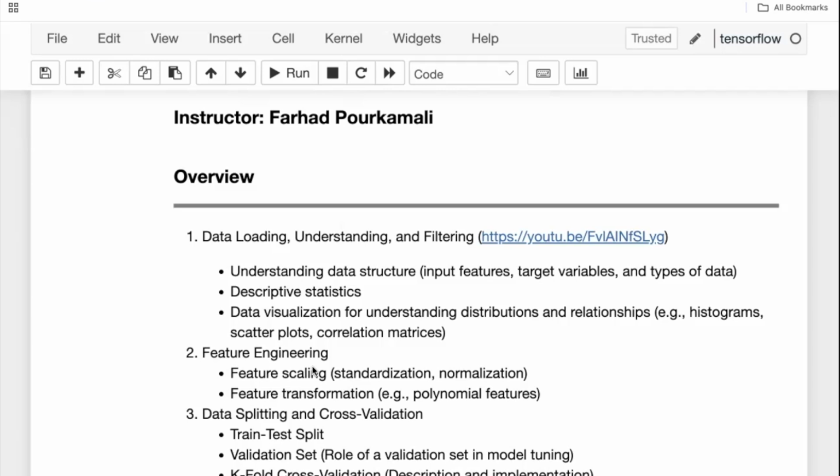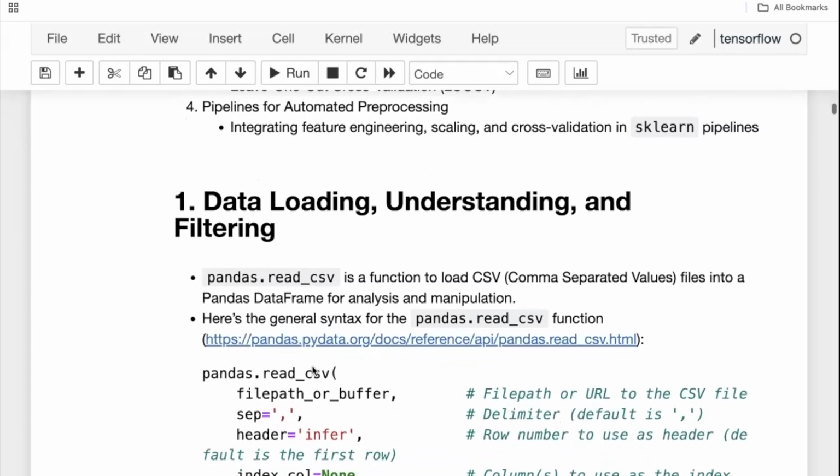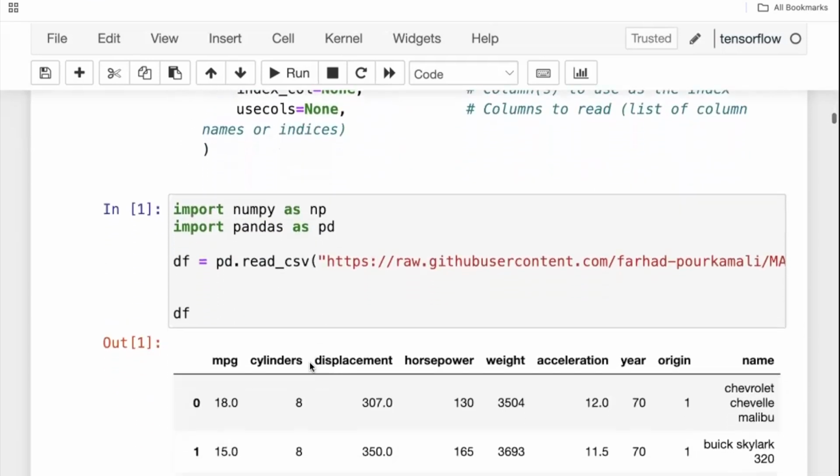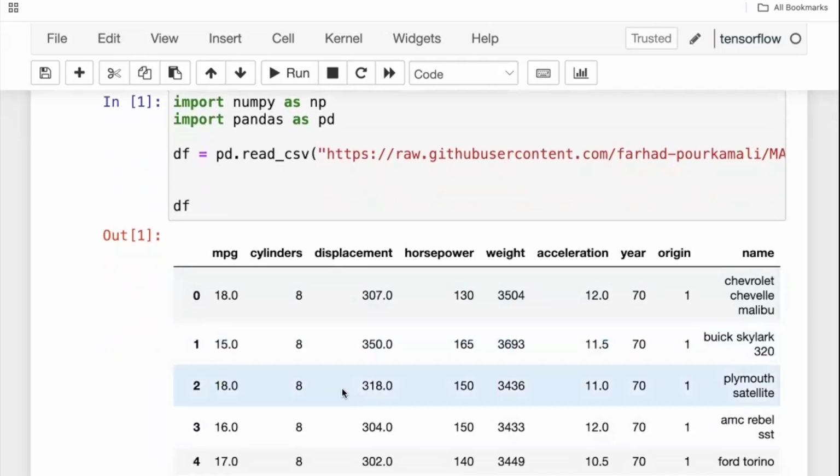Additionally, creating polynomial features allows us to capture complex relationships in the data by generating higher degree combinations of existing features.